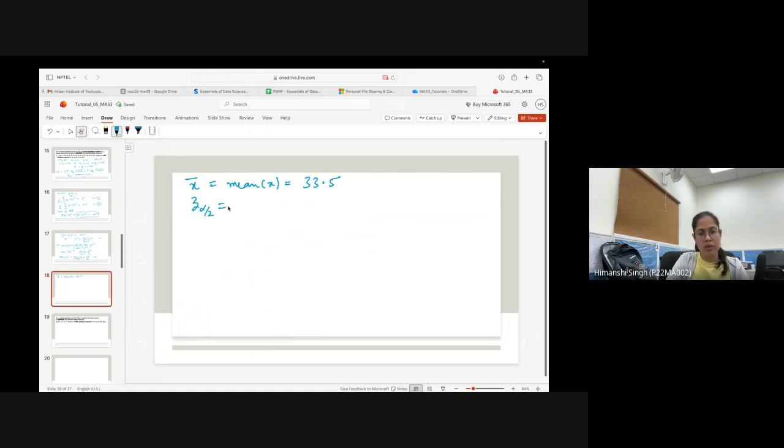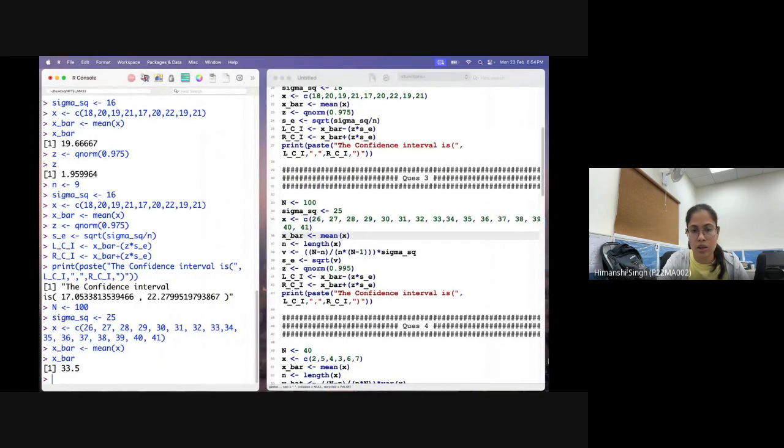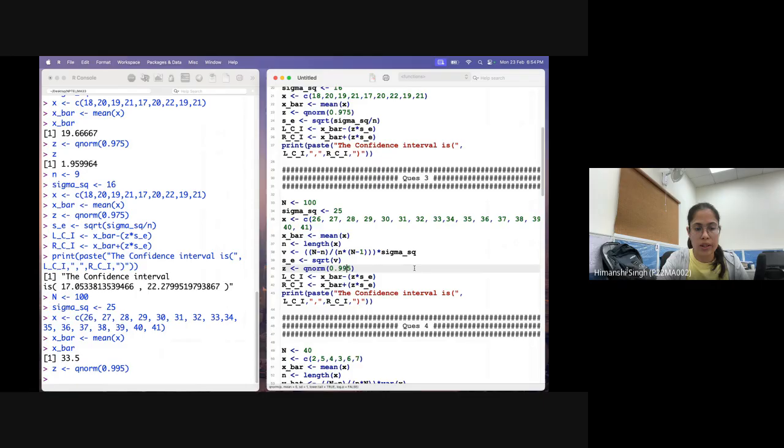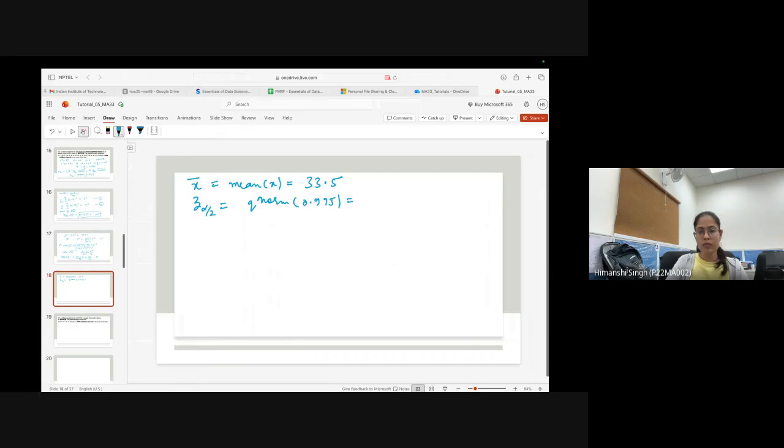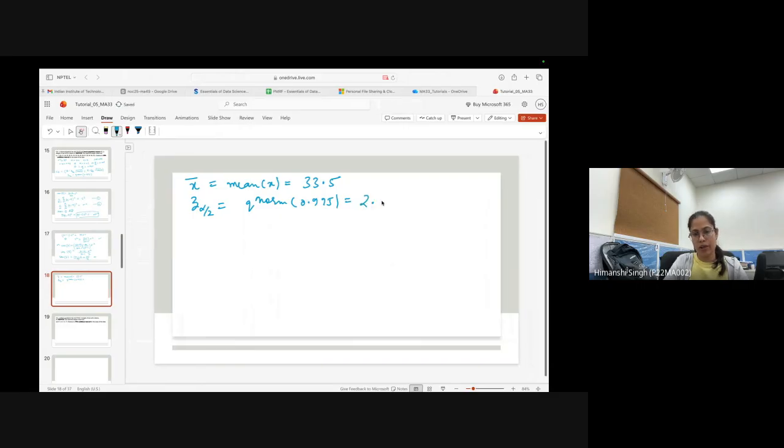By using the command qnorm(0.995), let me show that in R. So qnorm(0.995), here this is the value. It came out to be 2.5758. So let me write it as 2.58. Okay. So this is z alpha by 2.